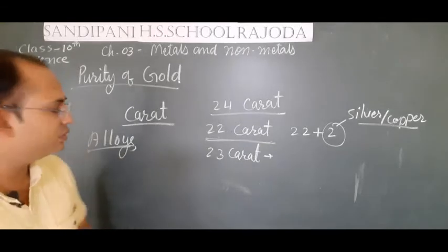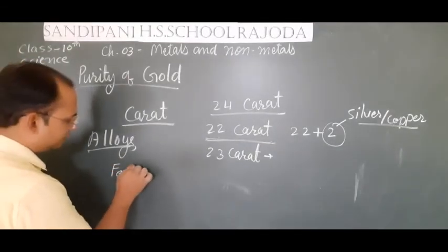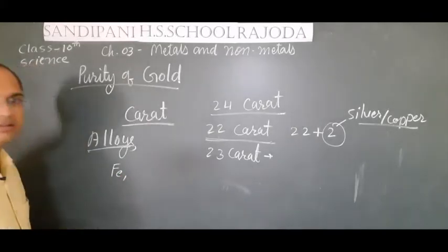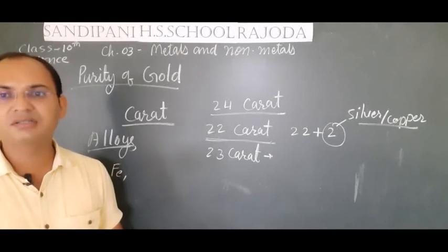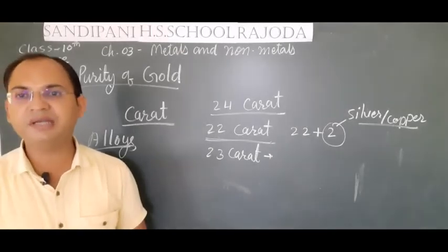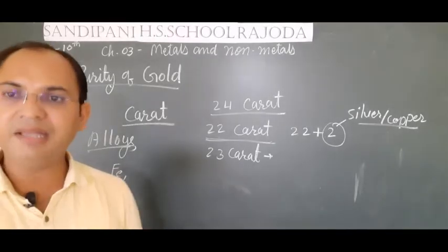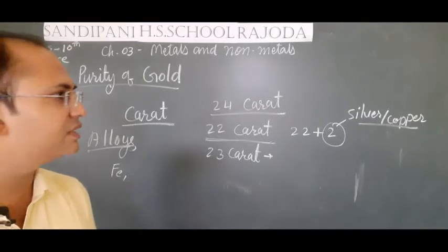If we talk about metals like iron, tin, copper, zinc, etc., then by the combination of these metals we can make some different alloys which have properties different than these. For example, stainless steel.